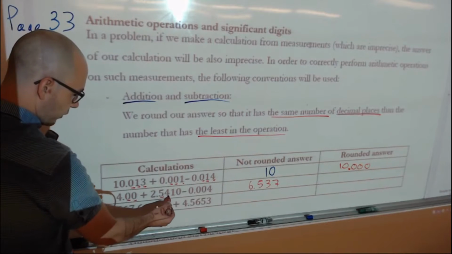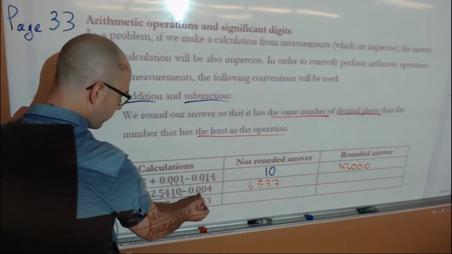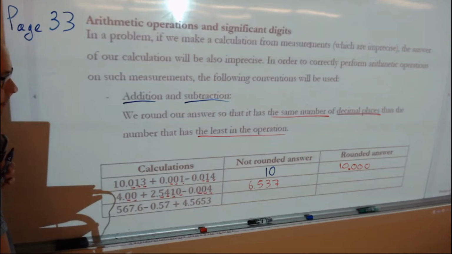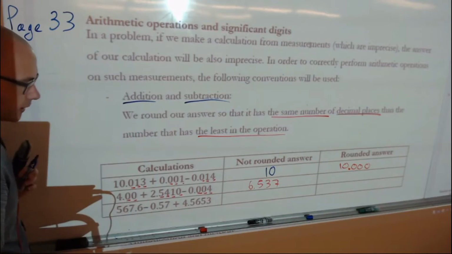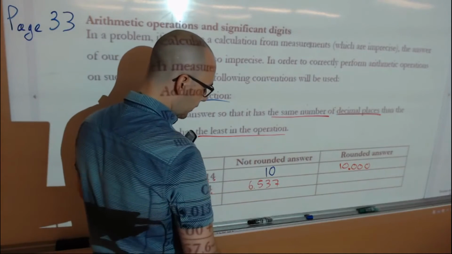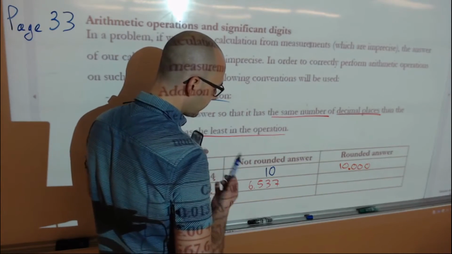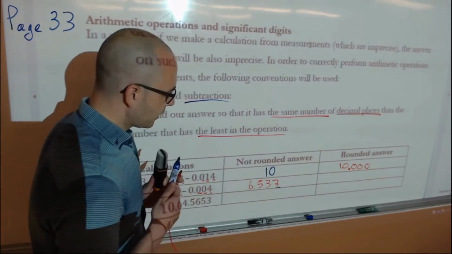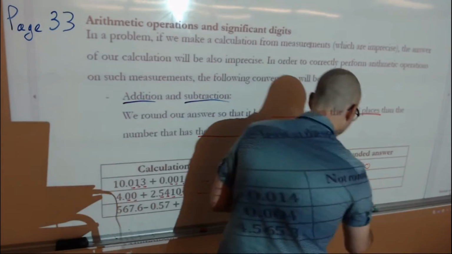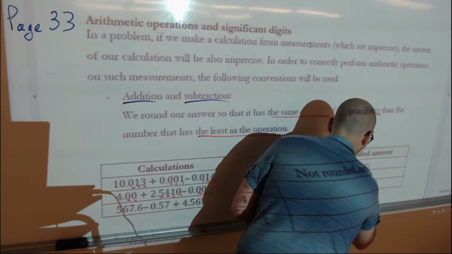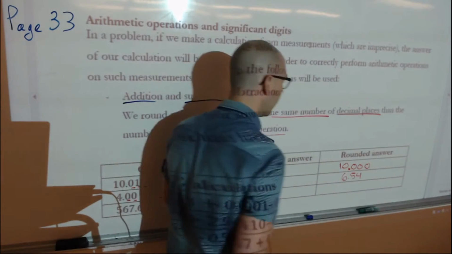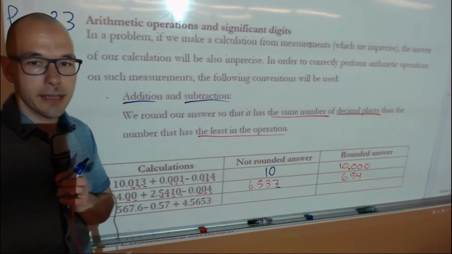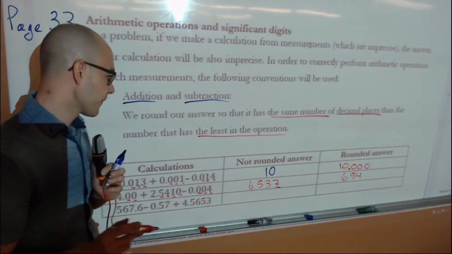Here there's 1, 2, 3, 4, and here there's 1, 2, 3. So we have to keep the least in the operation, so we have to keep 2. And here we have 3, so we have to round that 3 using the first discarded digit. So it's going to be 6.54 as the rounded answer for this one.